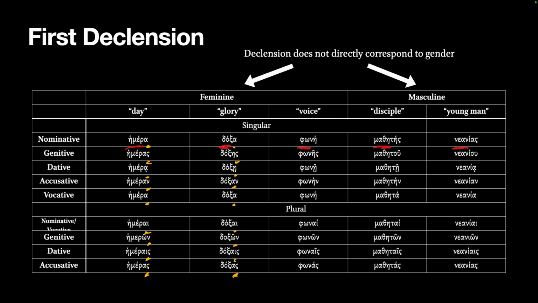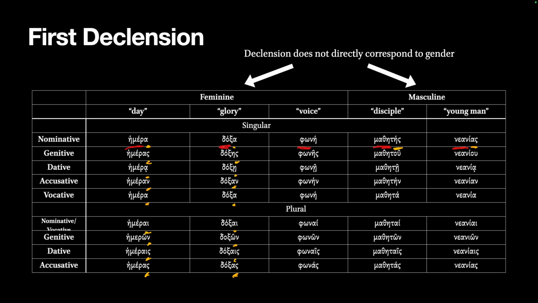Once again, up here, declension does not directly correspond to gender. So these are all first declension nouns. These three over here are all feminine, but these ones over here are masculine. And notice what they end with in the nominative singular, that eta sigma and that alpha sigma, rather than just an alpha or an eta.